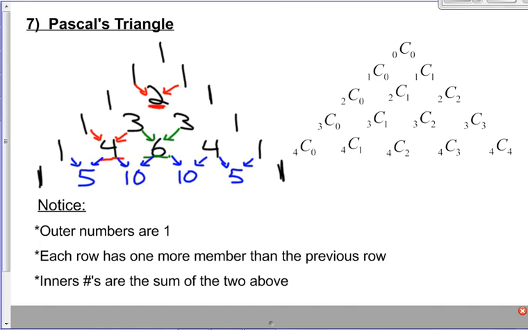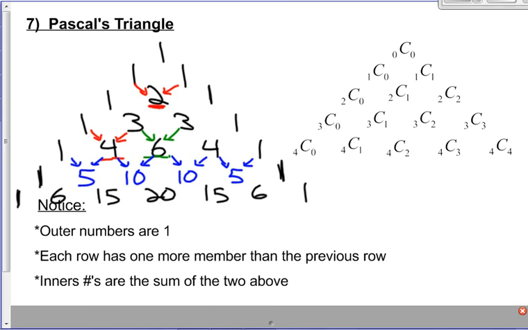Once you get the idea that it's 1s on the outside, that it makes a triangular shape, and that the inner numbers are just the sum of the 2 above it, then it's fairly straightforward. So if I were to do the next row, it would be 1, and then my next number would be 1 plus 5. Oh, that's 6. 5 plus 10 is 15. 10 plus 10 is 20, and so on. And then the next row is easy to make.